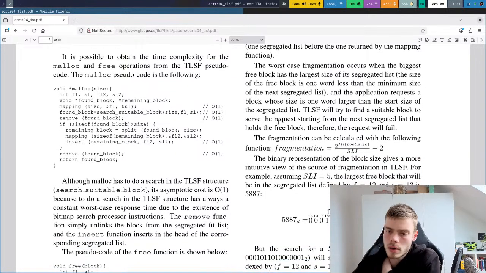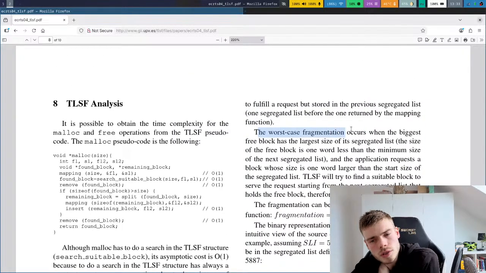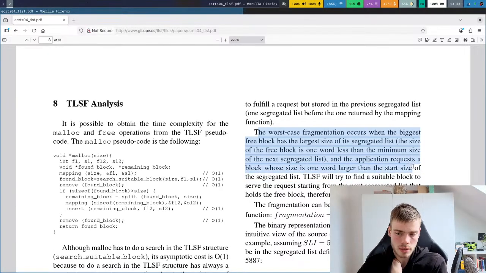Size is one larger than... Where's the fragmentation? The biggest block has the largest size of its segregated list, a size of one word less than the minimum size of the next segregated list. The application requests a block whose size is one word larger than the start size of the segregated list.